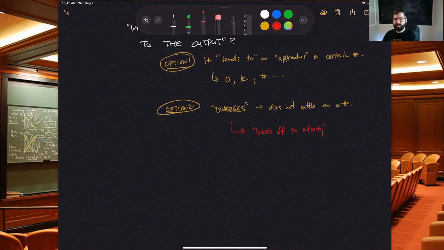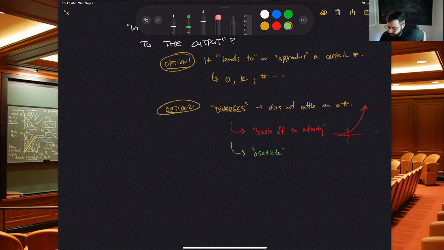Trying to use the least amount of math terms as possible, so blasts off is pretty good. Blasts off to infinity, or it might oscillate and never settle. So something you might see is a function increasing without bound. Hint, hint, we have seen this.